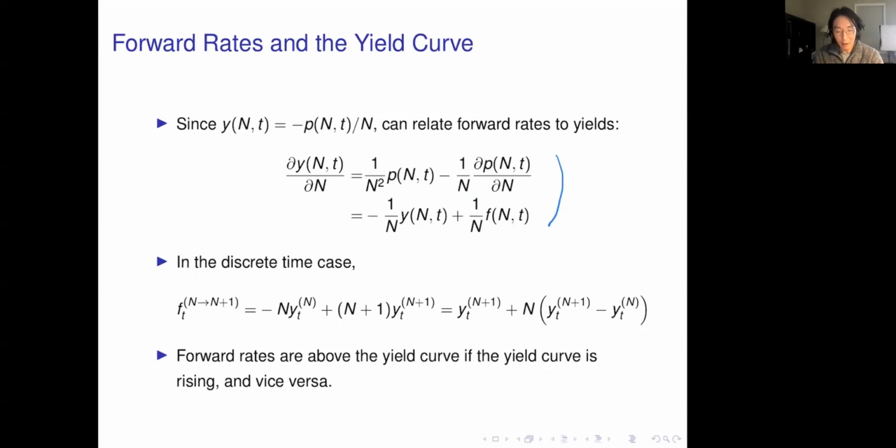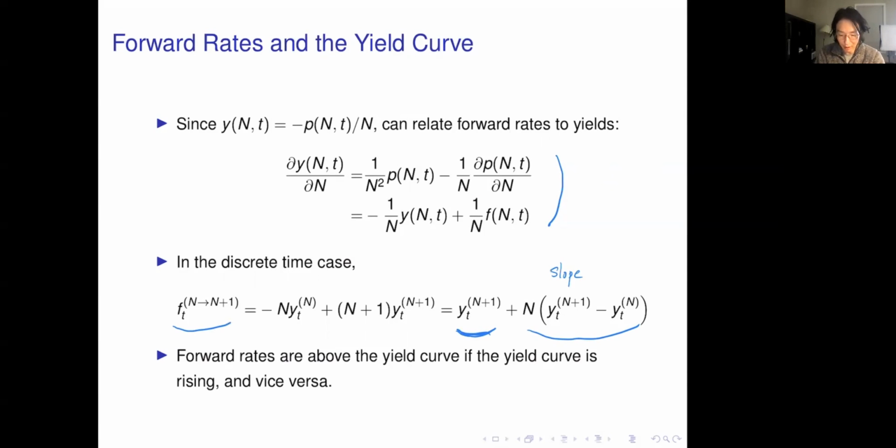Okay, and we can express it in discrete time, and we get the following. The forward rate from time n to n plus 1 is basically your time n plus 1 yield plus the slope. So this is the slope of the yield curve. So the forward rate is going to be higher.